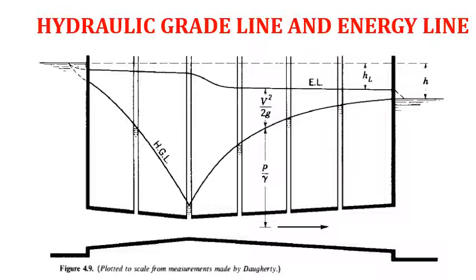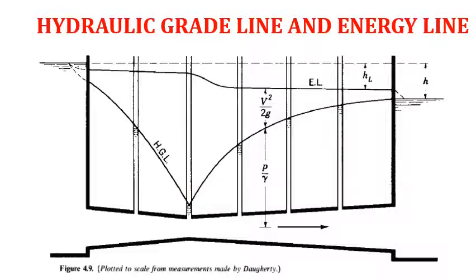Now let's discuss the shape of the hydraulic grade line. If you look over here, the diameter decreases, so velocity has to increase. So velocity head is increased. So from the first piezometer to the second piezometer, the velocity head has increased.